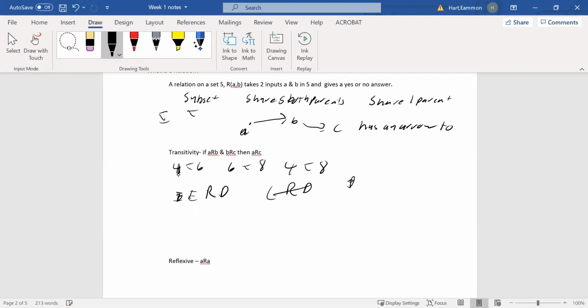Let me change names here. So father 1 has a child with mother, and then the mother has two.